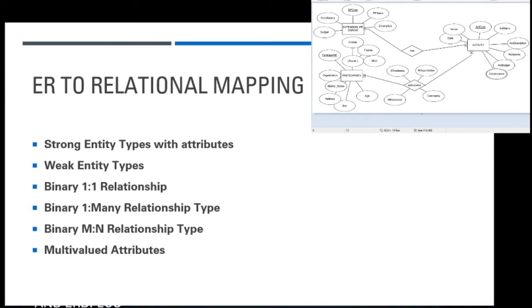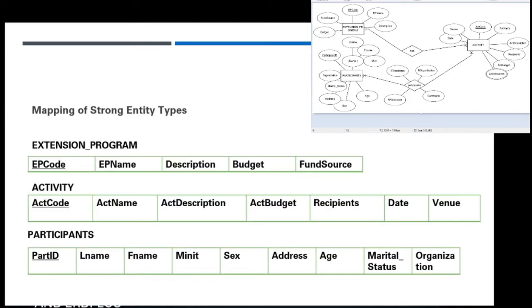So let's have first our strong entity types. For the first one, we have mapping of strong entity types. In our diagram, the strong entity types are extension program, activity, and participants. All of the attributes of the strong entity types will be included in the relational schema. So this is now our relations.